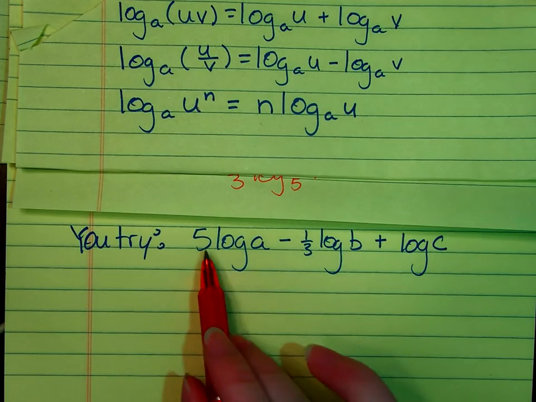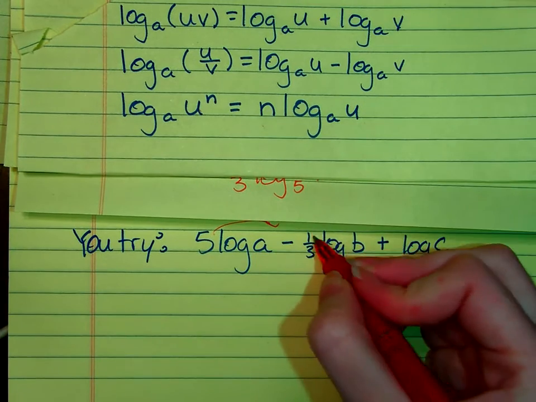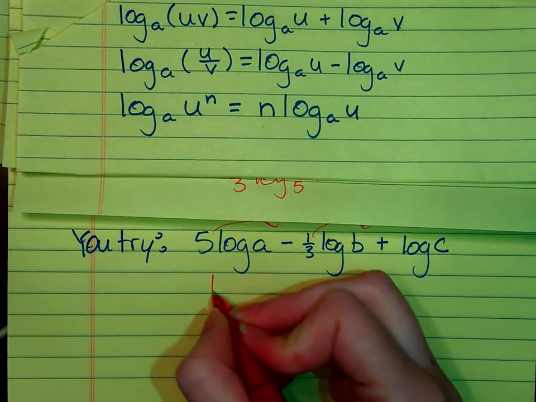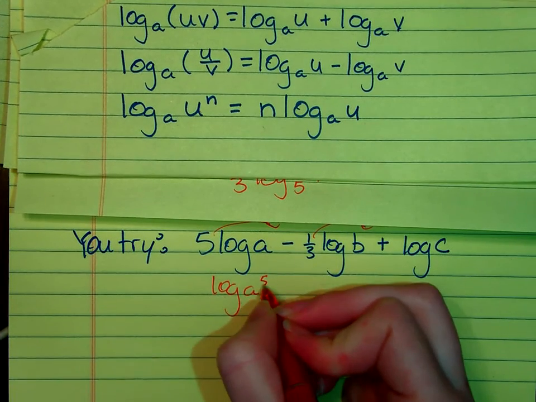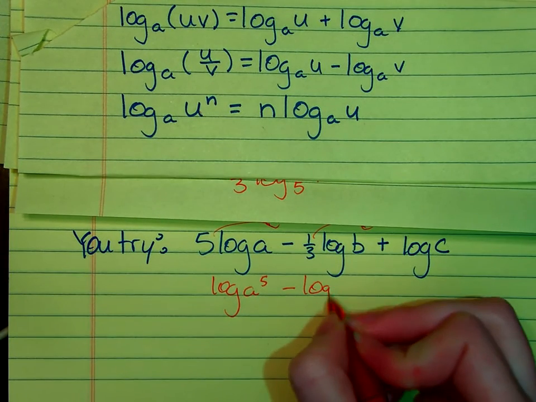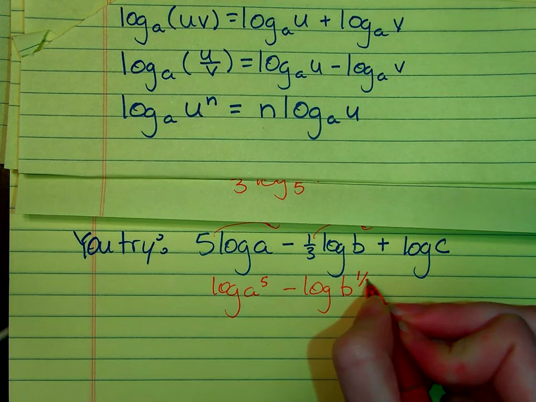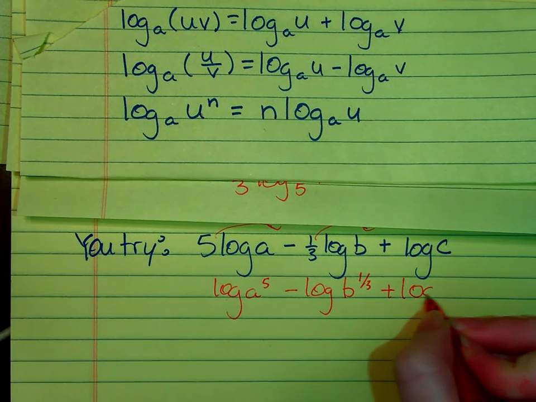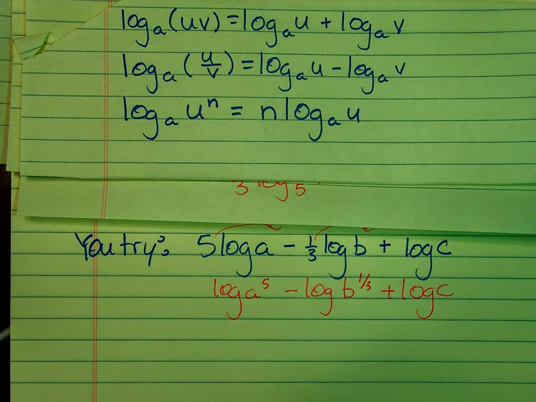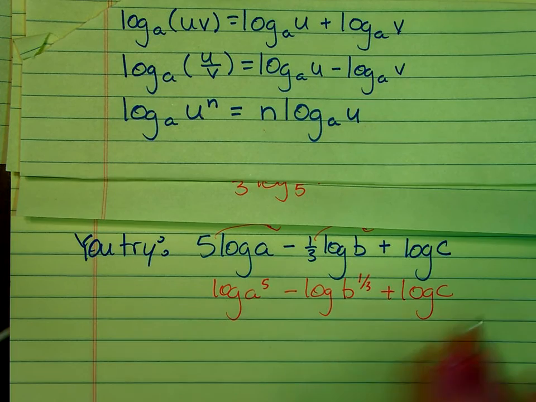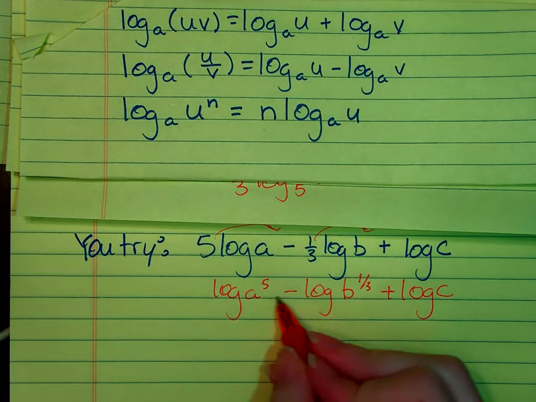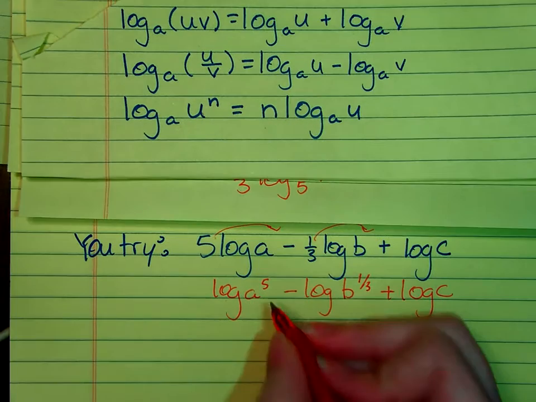Now again, I want to get rid of these numbers out front and bring them inside first. So that becomes log a to the 5th minus log b to the 1/3 plus log c. So let's go ahead and just start working left to right. When we got subtraction, what does that become? Division.